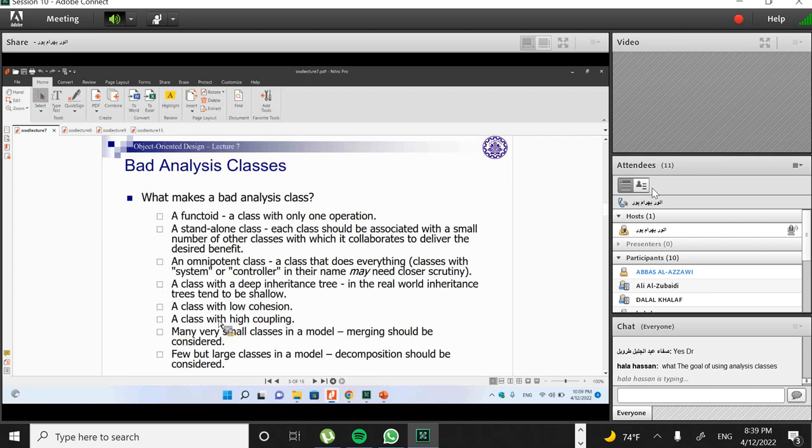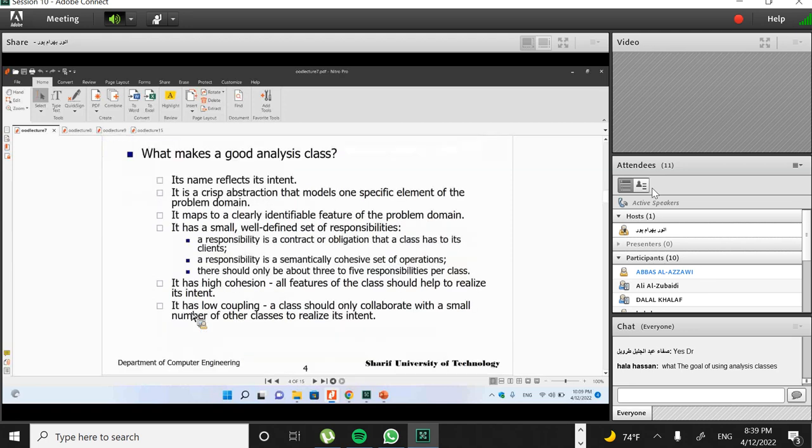A class with low cohesion is a bad class. A class with high coupling is also bad. I discussed cohesion and coupling in the previous slide, and these two features, low cohesion and high coupling, are the opposite of that slide.